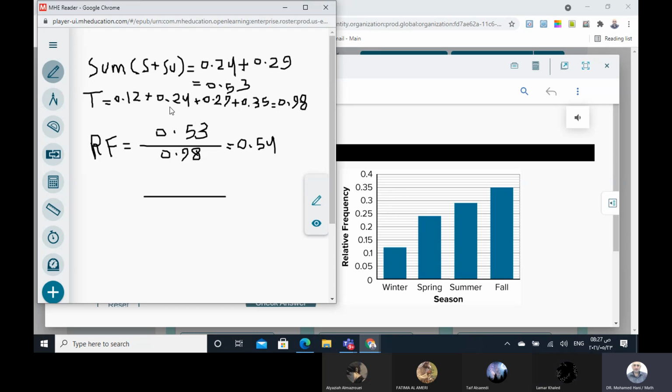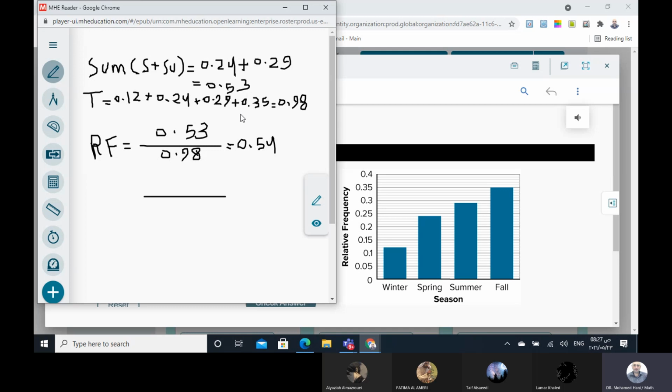Then here 0.24. It's okay here? Yes. And here 0.27, or here 0.29, yes, I'm sorry. And here 0.35.